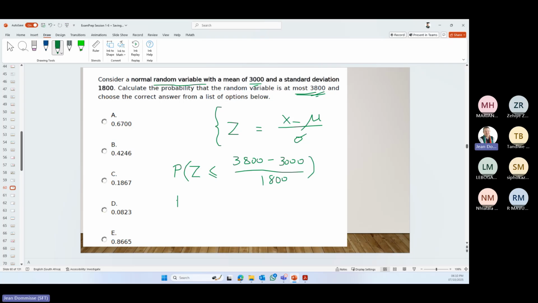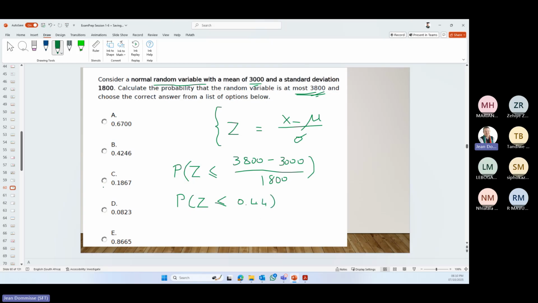Okay, so they want us to work out what's the probability that Z is smaller or equal, and let's go to the calculator again. 3,800 minus 3,000 is 800. 800 divided by 1,800 is 0.44 continuous.